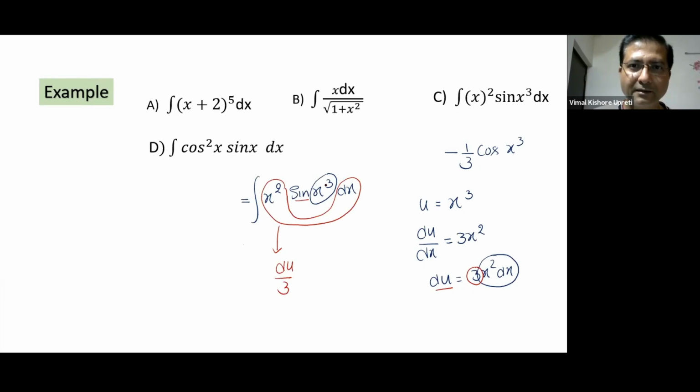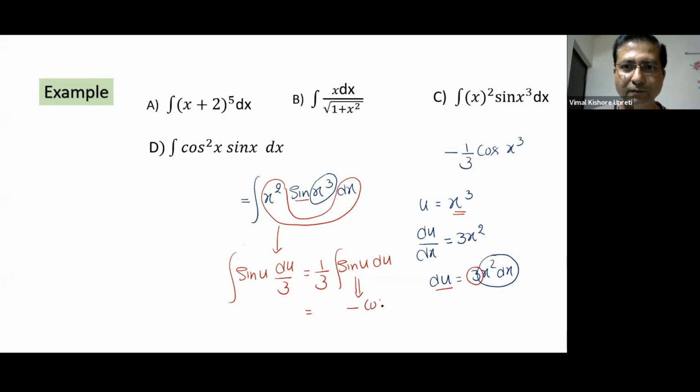And inside sine, we have x cube, that we have assumed u. So we have sine u. The 3 I can take out, integration of sine u with respect to u. Minus cos, right? So this will give you minus cos u, and this 3, plus integration constant.